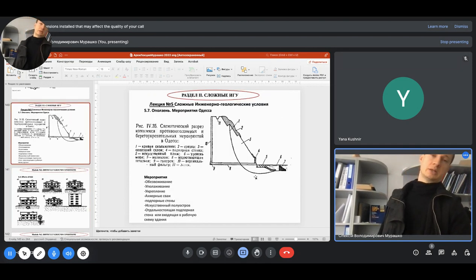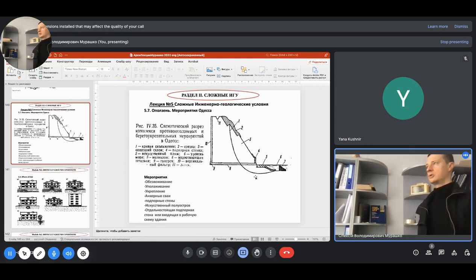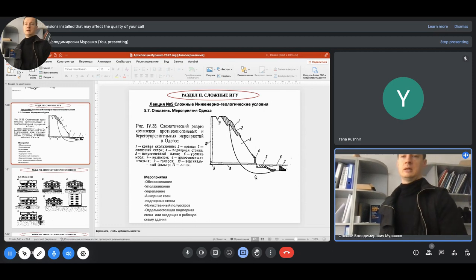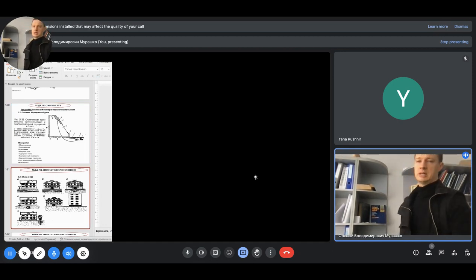And this collection of solutions can protect our Odessa seaside part from landslides.